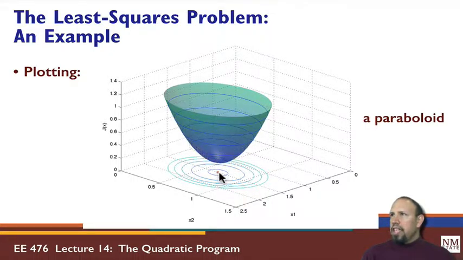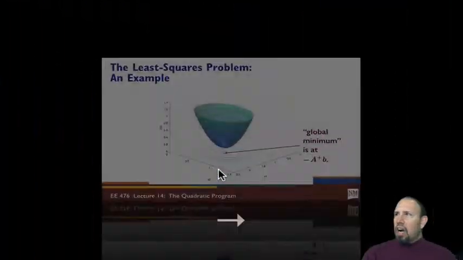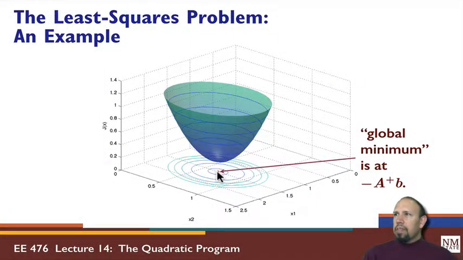We can see that the minimum value is right here in the center, and as you go further out, the cost increases. So in this case we have a global minimum, located at minus pseudo-inverse of A times b. So if you have just the simple least squares problem, we have a nice, elegant solution using the pseudo-inverse. We have seen that already.